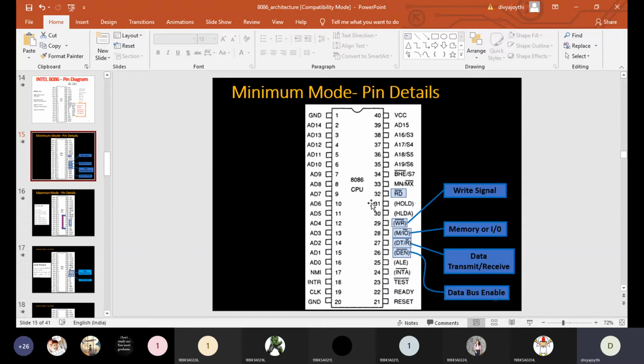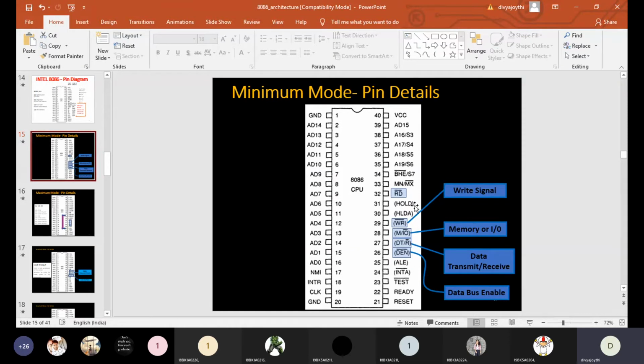Guys, did you understand the functionality of 31 and 30? Yes, ma'am. If any external system wants to take control of the buses of one particular system, that request will be sent through pin number 31. Here, controlling means holding.